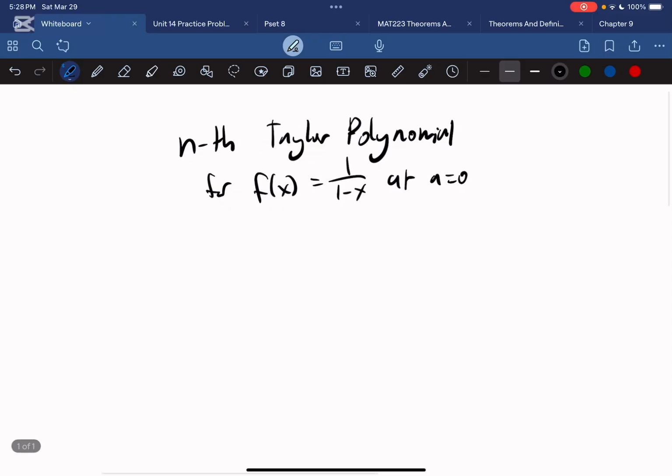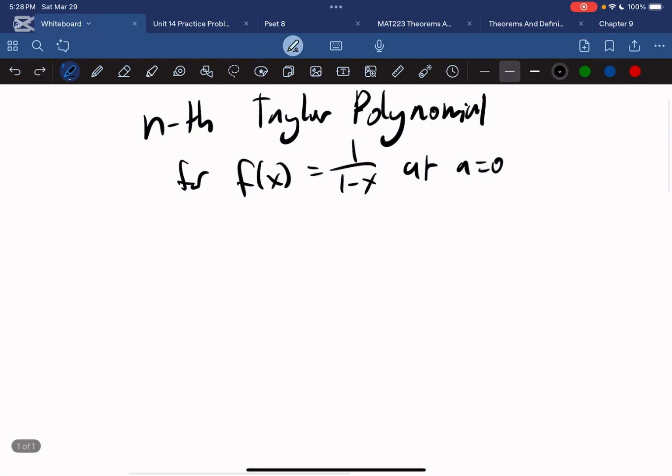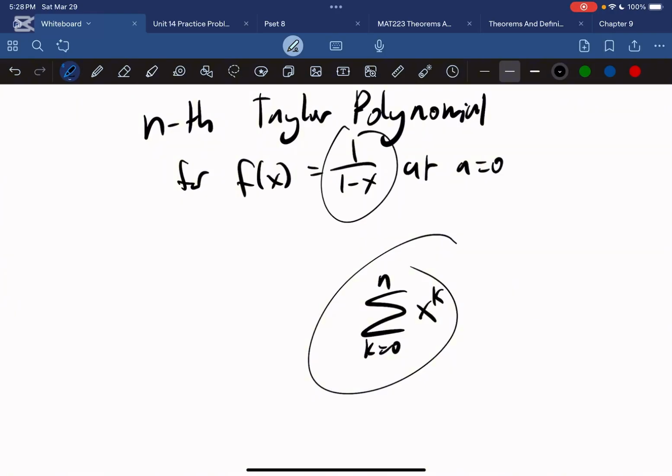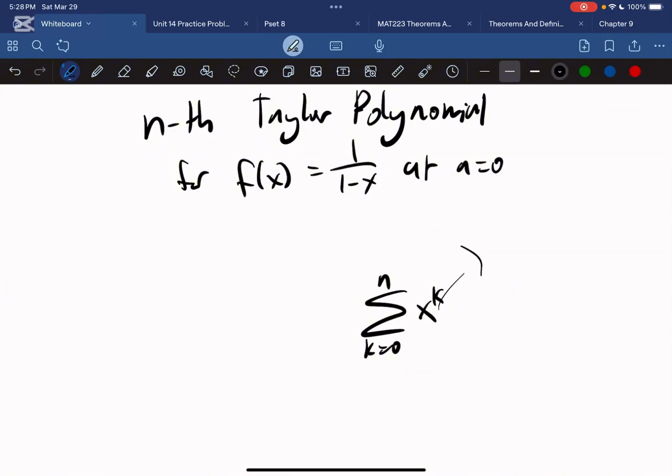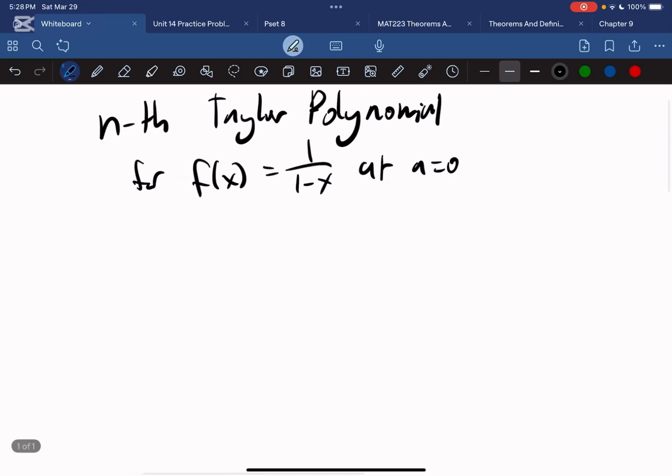And we know this intuitively. This is the geometric series, right? So this is probably something like the sum of x to the k from k equal to 0 to n. This is probably where it's going to head, because this is what the geometric series is given by. So we'll know we got there if that's the case. Okay.